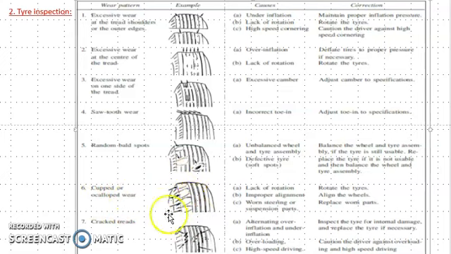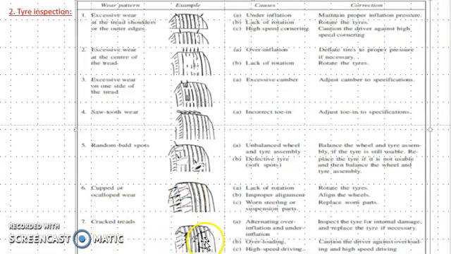This type of wear is also due to lack of rotation, improper alignment and worn steering or suspension parts.